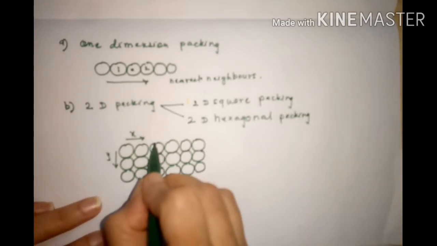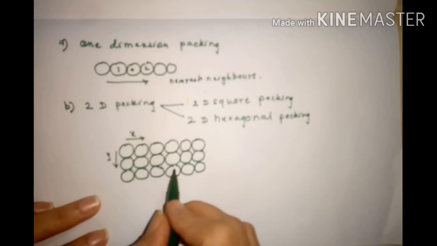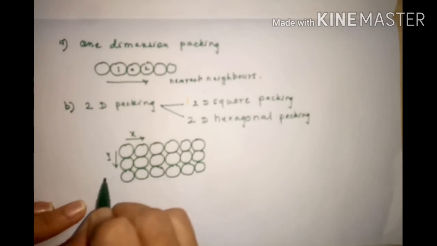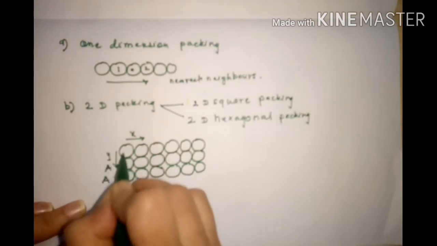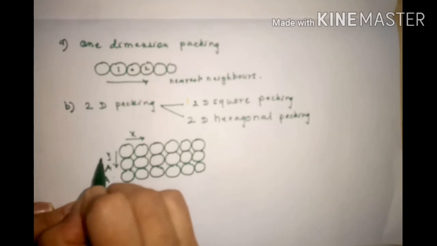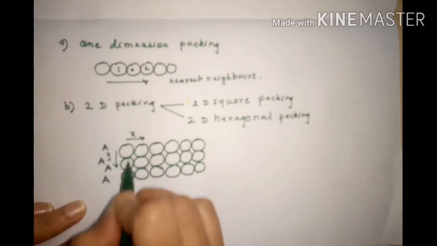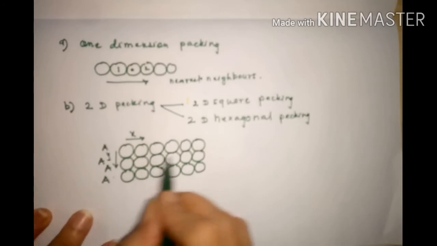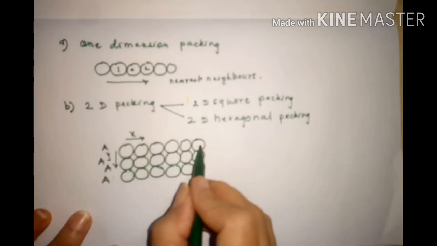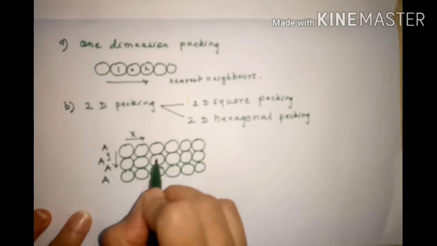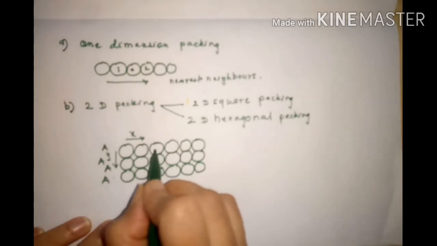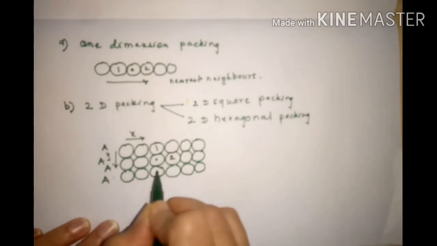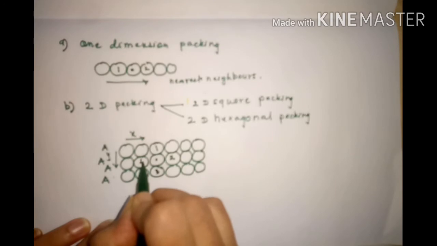If you find out the coordination number in such packing, all these layers you can refer to as A, because they are situated in the same fixed pattern, aligned over one another vertically and horizontally. If you look at this sphere, the coordination number would be 4: 1, 2, 3, 4.